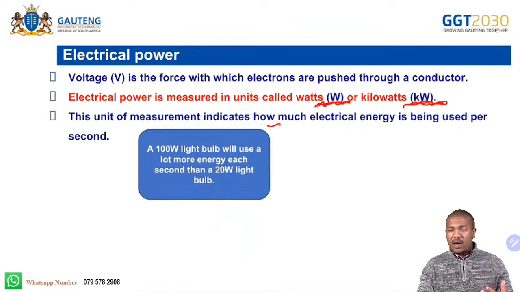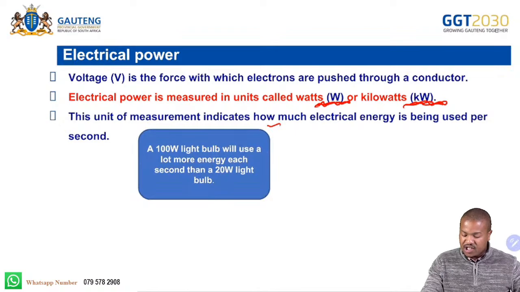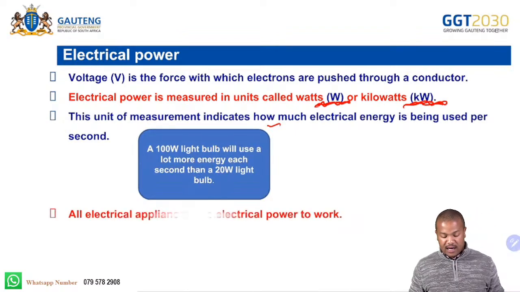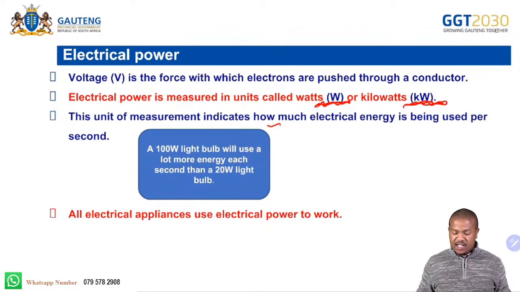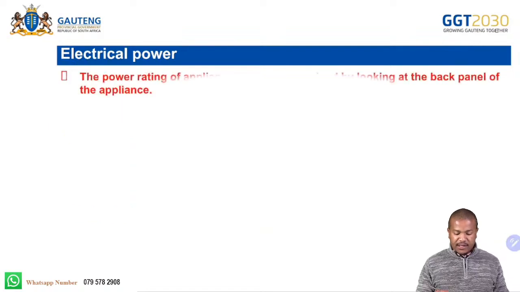Meaning the more the watts that have been used, the more that we have to pay. So this unit indicates how much electrical energy is being used per second, as we have given in our example. Please note that all electrical appliances use electrical power to work.